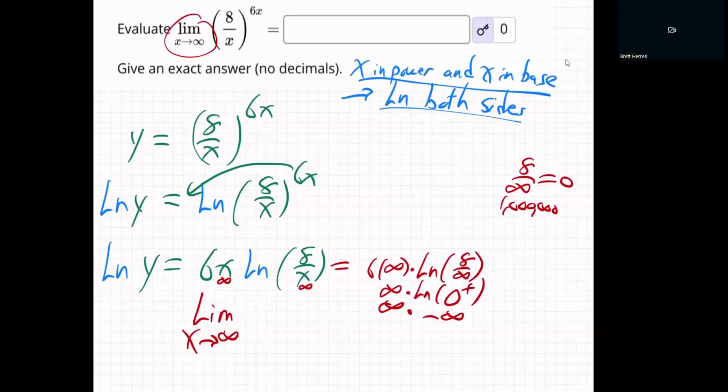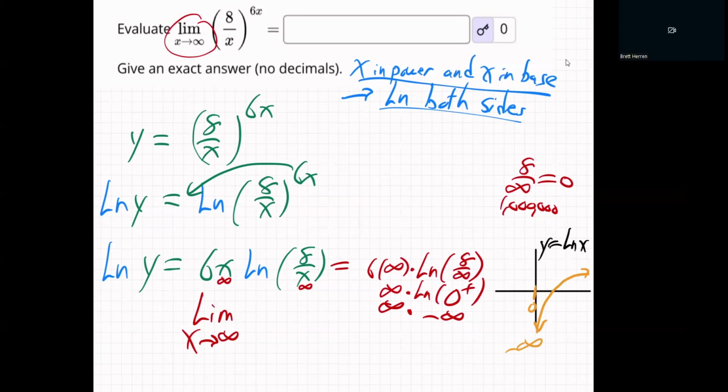Yeah, why? Well, let me show you a little graph of natural log. Here's y equals natural log of x. It's good to kind of know what that graph does. Natural log goes like this. It basically takes a dive as you get close to 0, down to negative infinity.